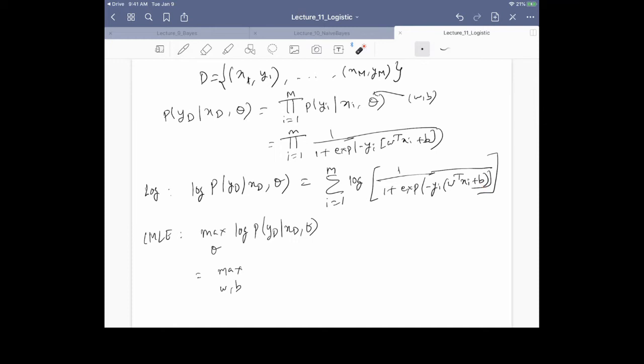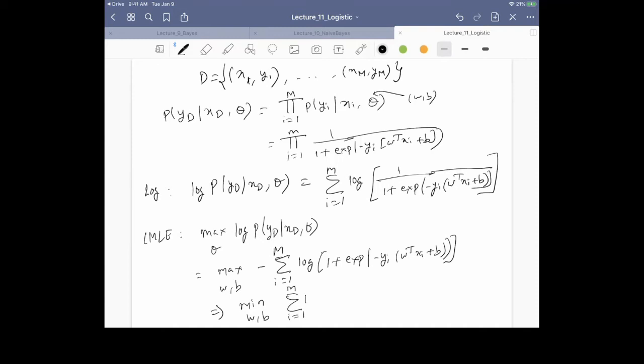You can simplify this as the negative of the sum over i from 1 to m of log of 1 plus exp raised to minus yi multiplied by w transpose xi plus b. So in some sense, this problem is equivalent to minimizing over w comma b the sum over i from 1 to m of log of 1 plus exp raised to minus yi multiplied by w transpose xi plus b.